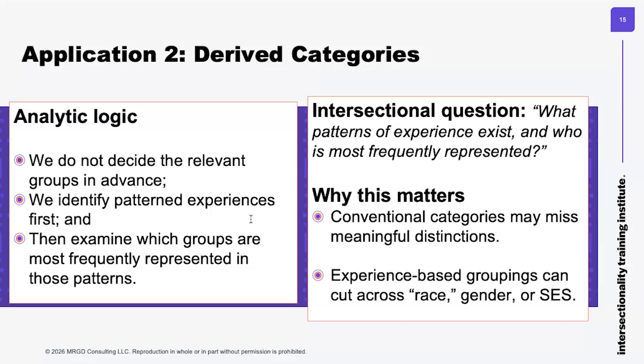So we ask particular questions such as, what patterns of experience exist and who is most frequently represented. And this matters a lot because conventional categories may miss meaningful distinctions.